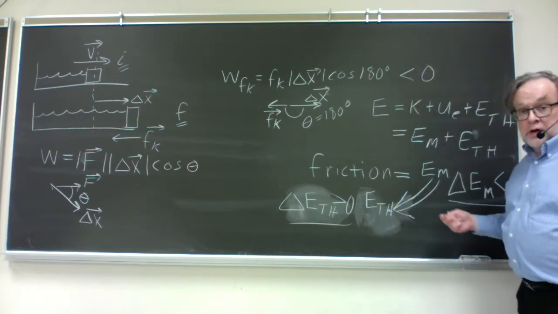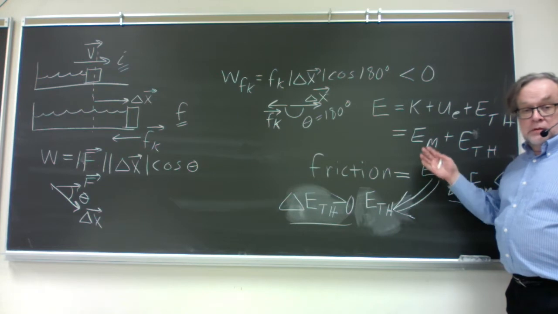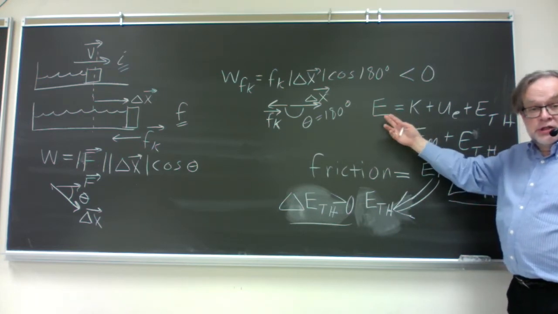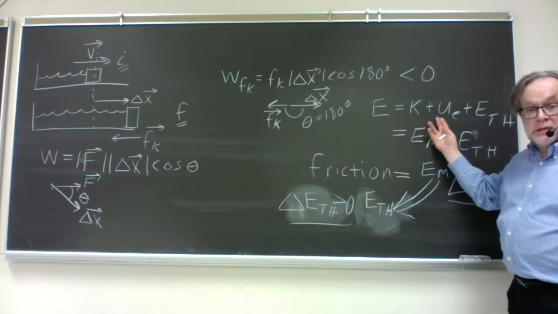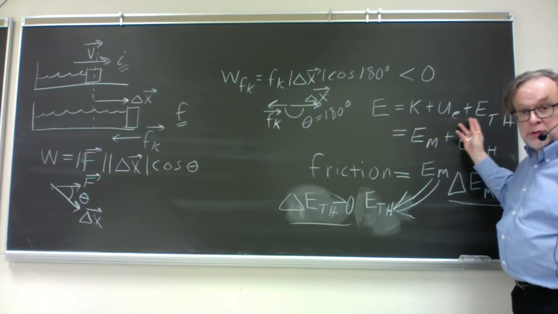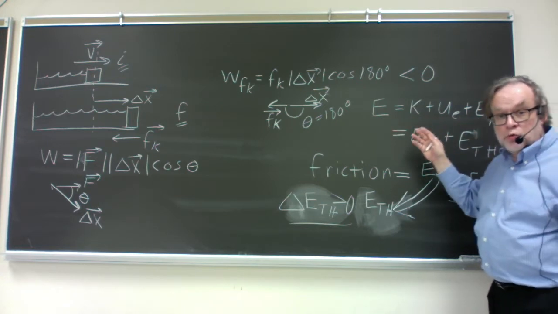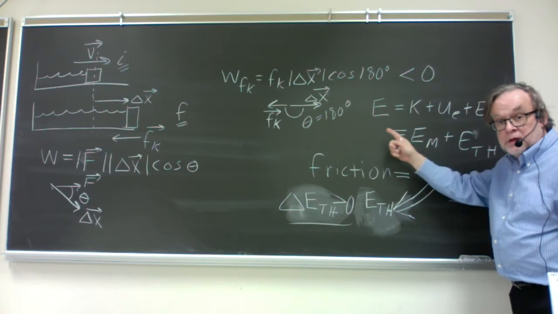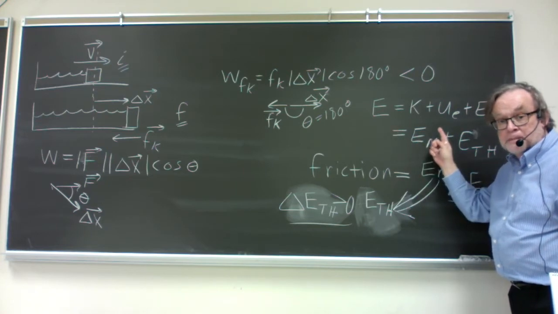Remember, we think of the total energy in these oscillating systems as just kinetic energy plus the elastic potential energy plus thermal energy. We define another type of energy, mechanical energy, which is just the sum of kinetic plus potential.